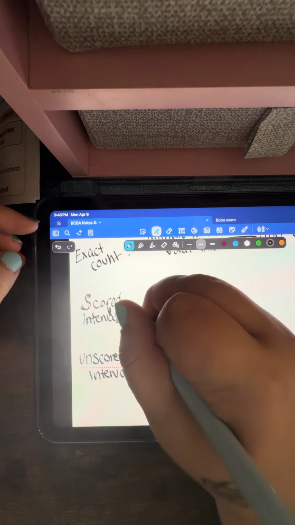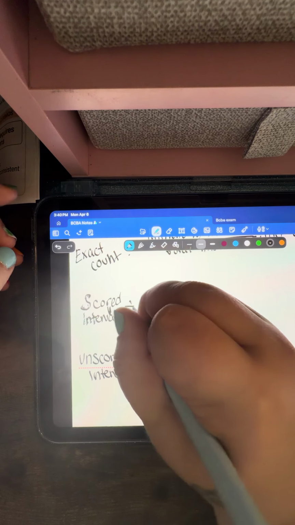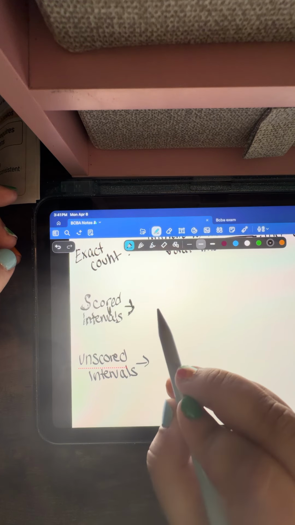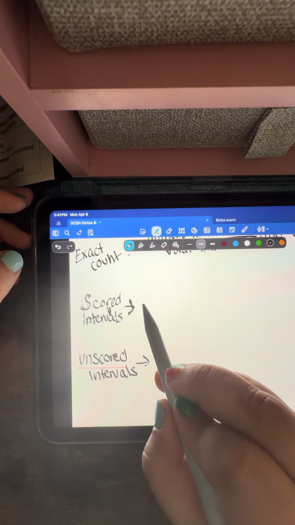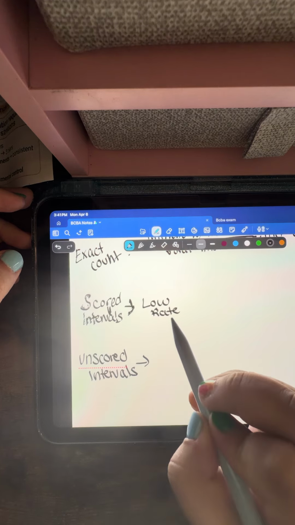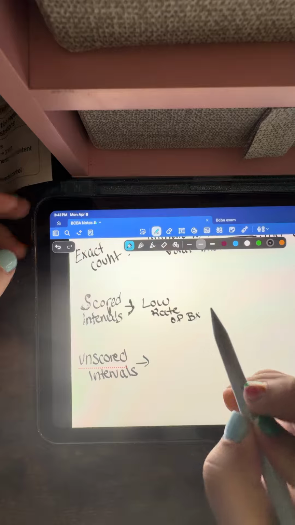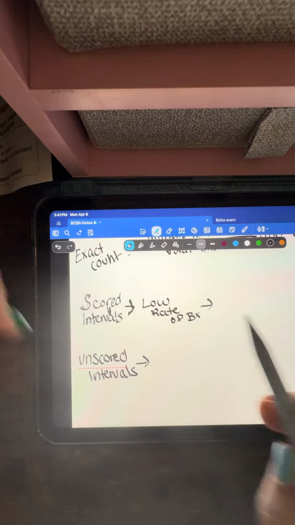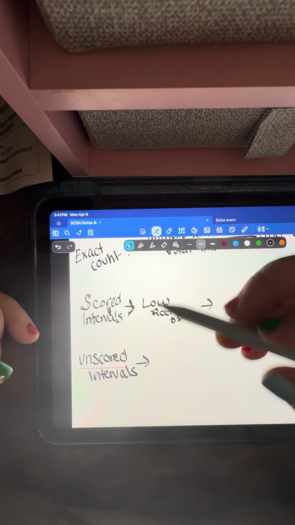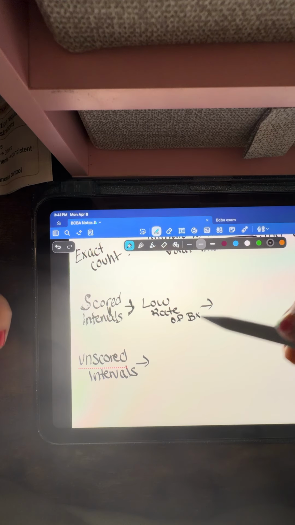We're going to use scored intervals when there is a low rate of behavior. Why? Because it's really hard to keep tracking a ton of no's if we already know it's not happening that much.